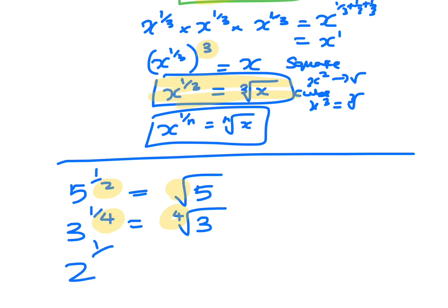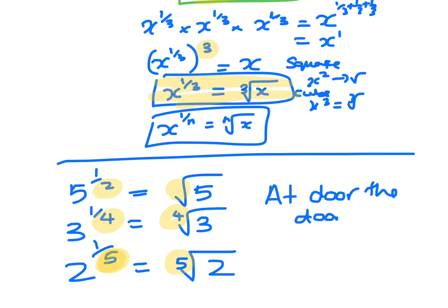There's a way of remembering this, so I'm just going to run through. So this one here would be root 2, but the 1 on the floor, on the bottom of the fraction, will be at the front of the root. So that would be 5. So a way to remember this is at the door is on the floor.